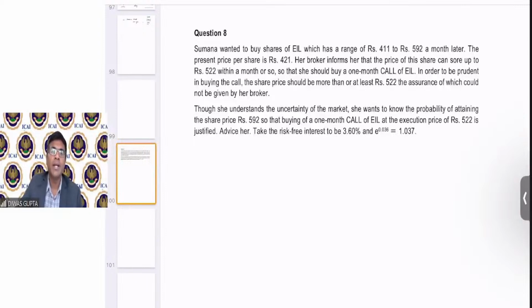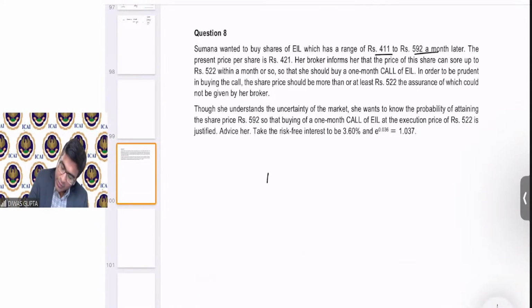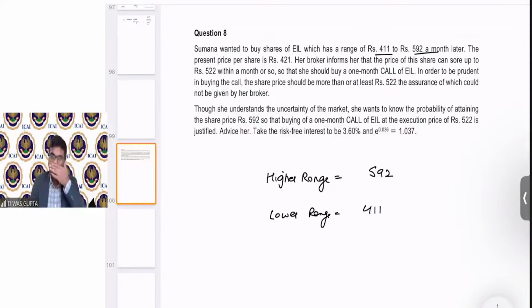Sumana wanted to buy shares of EIL, which has a range of 411 to 592 a month later. So the higher range is 592, lower range 411. The present price per share is rupees 421.